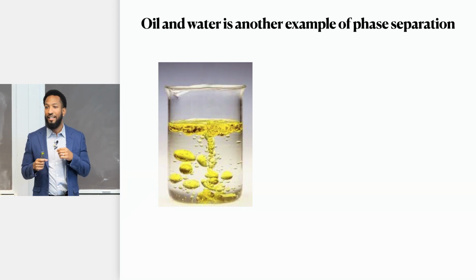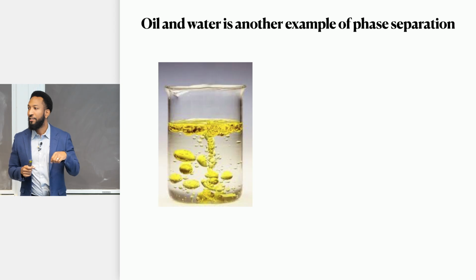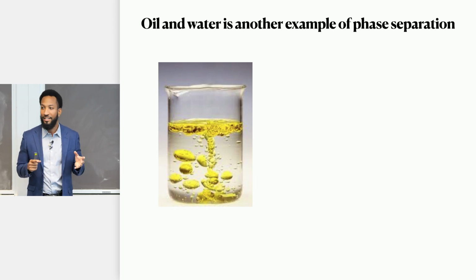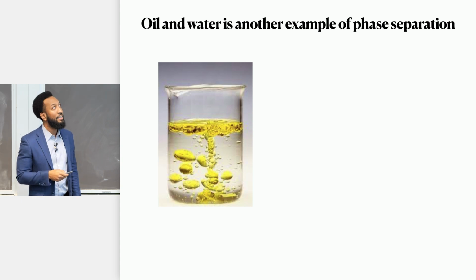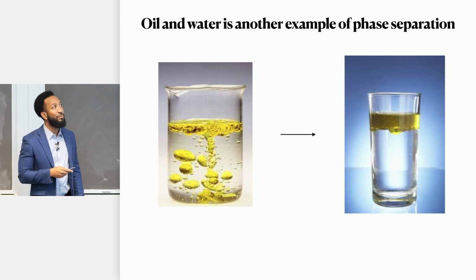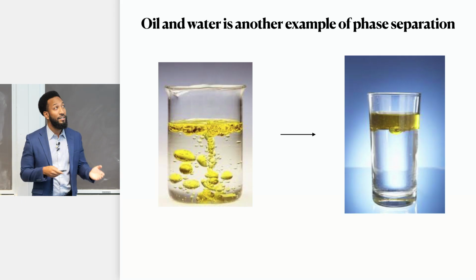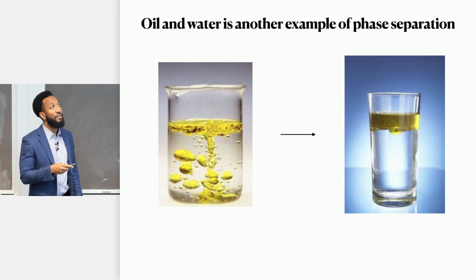No matter how hard you stir it, it'll never be fully mixed. It'll never fully mix into something homogeneous, a mixture of the two. Instead, over time, it will form two phases. The top layer would be mostly oil, and down here would be mostly water.